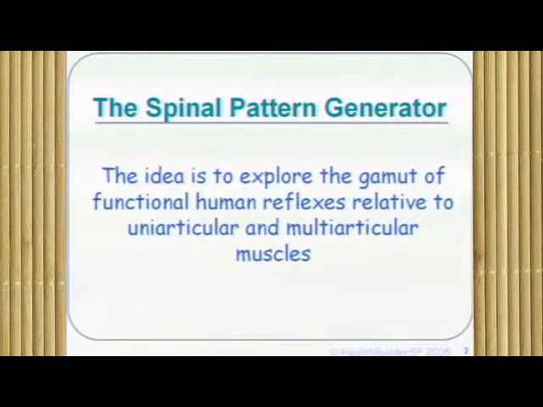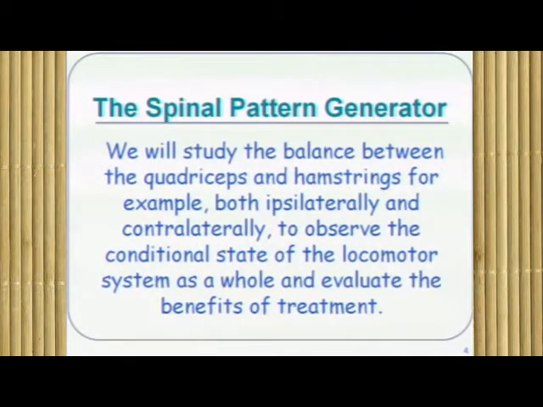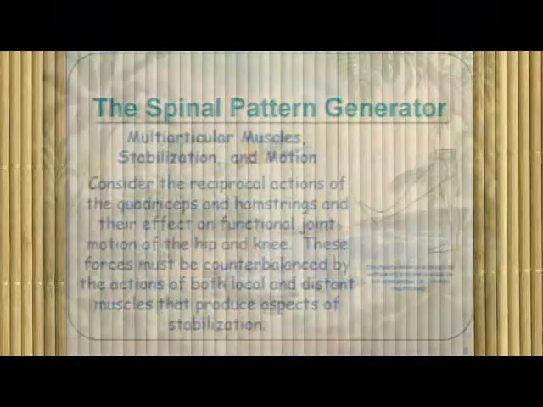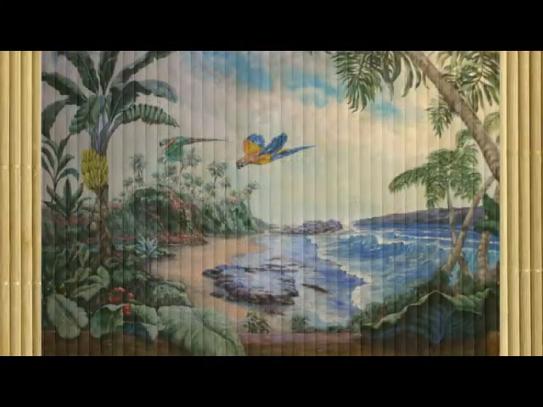So we want to explore the whole picture of uni- and multi-articular muscles and understand what makes this system work. Like I said, we're going to study the balance between the quadriceps and the hamstrings, and we'll try and observe the coordination of the locomotor system using just those two muscles to try and understand the whole picture, and then we'll put it together.